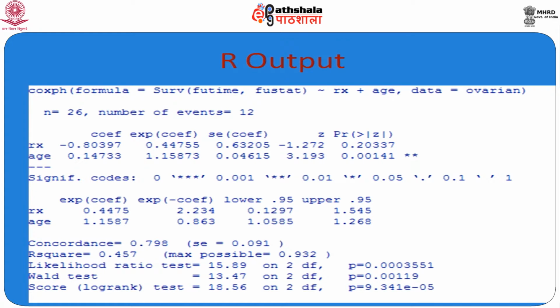Below the age coefficient estimations, we get the significance codes: 0 is triple star, 0.001 is double star, like that. So here we can see which probability or p value should be considered with 95%, 99% or 90%. If we consider 95%, in that case age is really an influencing factor on the status of these patients, that is, the event of these patients.